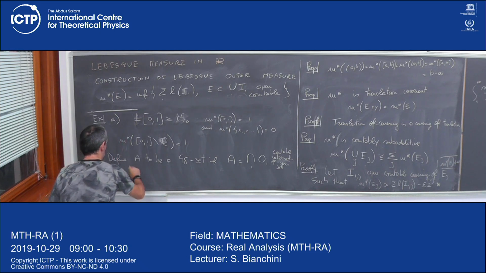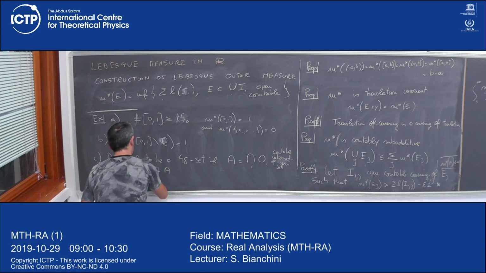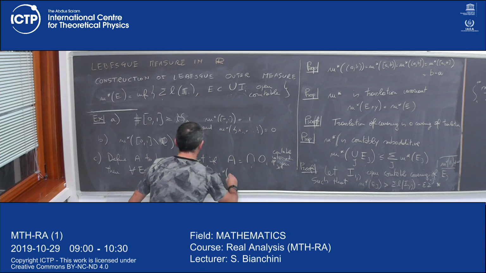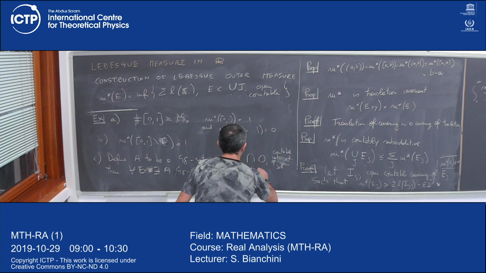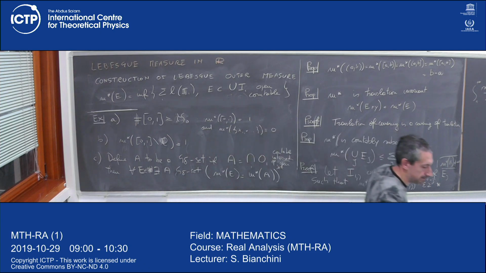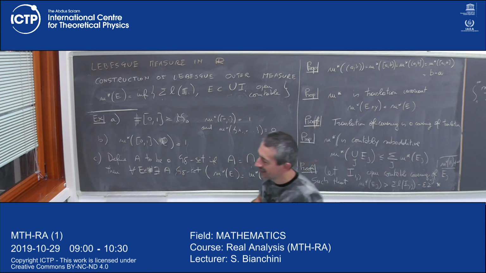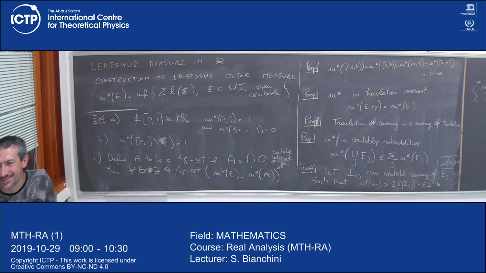Then, for all sets E in the power set of R, there exists a G delta set A such that the outer measure of E is equal to the outer measure of A. So essentially, this property tells you that what you are measuring are countable intersections of open sets. Indeed, at the end, what will be constructed is a countable intersection of open sets or a countable union of compact sets, and the rest is just you add a set of measure 0. A containing E, right?